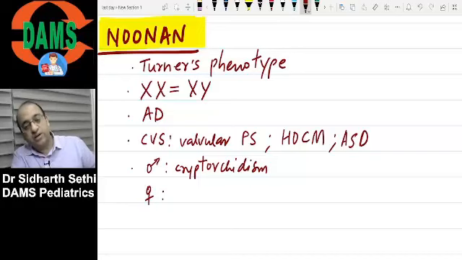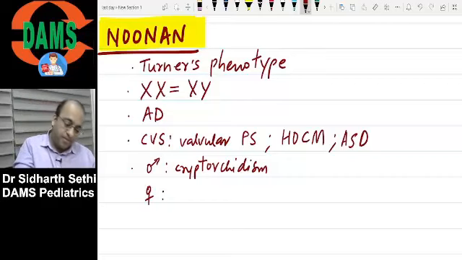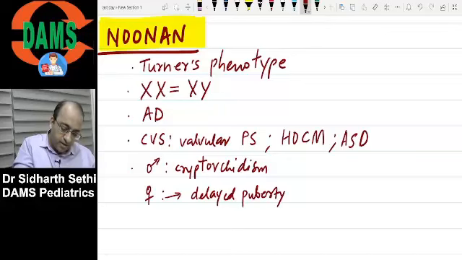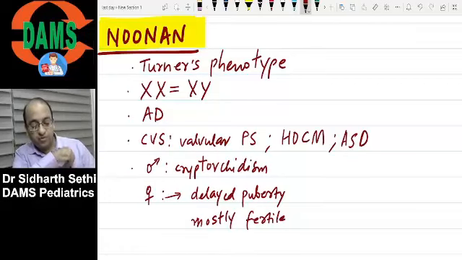Turner's are infertile females with streak ovaries. But these girls just have delayed puberty. They are mostly fertile. Remember, in Noonan syndrome, females are mostly fertile. They just have delayed puberty. So please remember that.